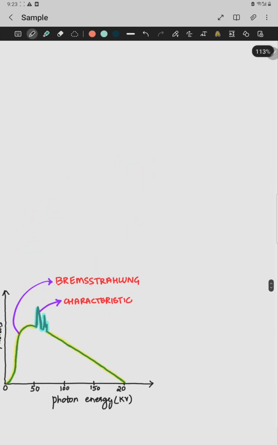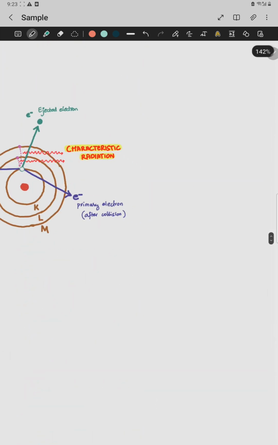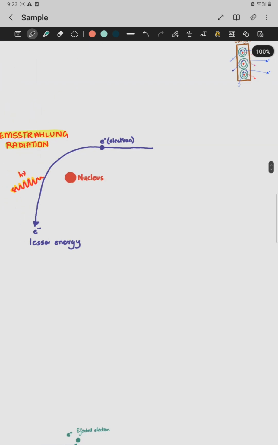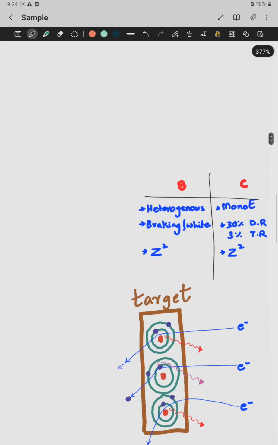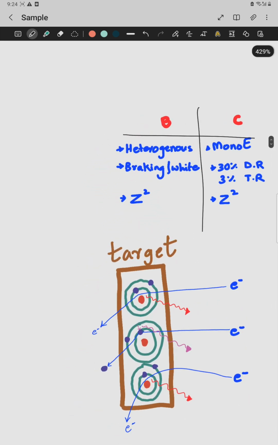Now just a basic difference between Bremsstrahlung and characteristic radiation. As I said, Bremsstrahlung is heterogeneous, with many energies, and characteristic is monoenergetic. Bremsstrahlung is also called braking radiation or white radiation.